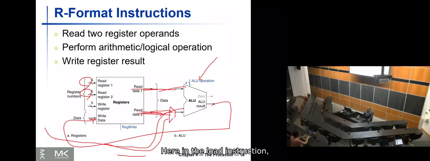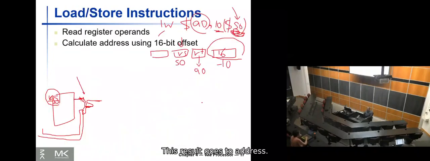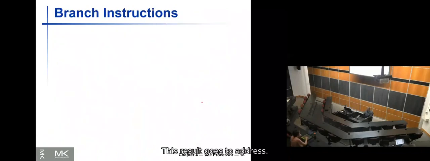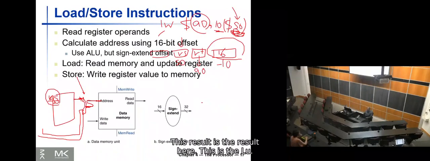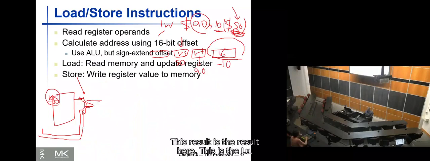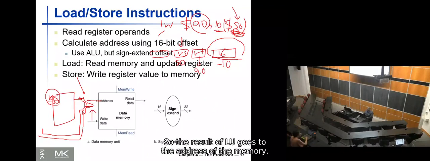In the load instruction, we get the immediate value, the offset, and the source register for the base address, they add up together, and the result will be here. The result of the ALU goes to the address of the memory.